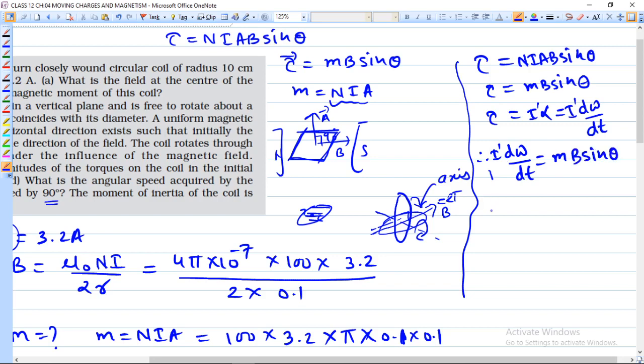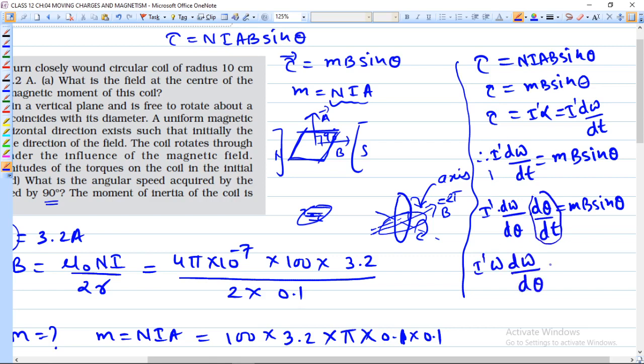Now, I will write d omega by dt as d omega by d theta into d theta by dt. A mathematical adjustment, because here we want to deal with theta. Now what is d theta by dt? It is omega. So I dash omega d omega by d theta is equal to MB sin theta. Got it?